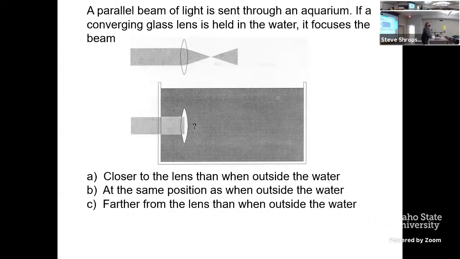Okay, Ms. Merle? Yeah. So if I could summarize what Ms. Merle said, there's less of a difference between the refraction of the glass and the water, and it's a difference that's important. Because there's a bigger difference between glass and air than there is between glass and water, we wouldn't get as much bending, and it should focus farther away.